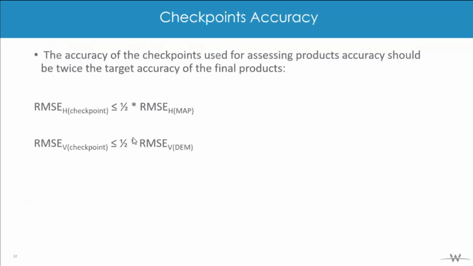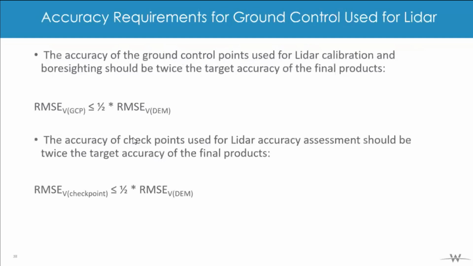Checkpoints follow the same rule, 2 times. If you are QCing a horizontal map, the horizontal accuracy of the checkpoint has to be twice as accurate. If you are checking elevation data, the vertical accuracy of the checkpoint has to be twice as accurate as the product you are checking.